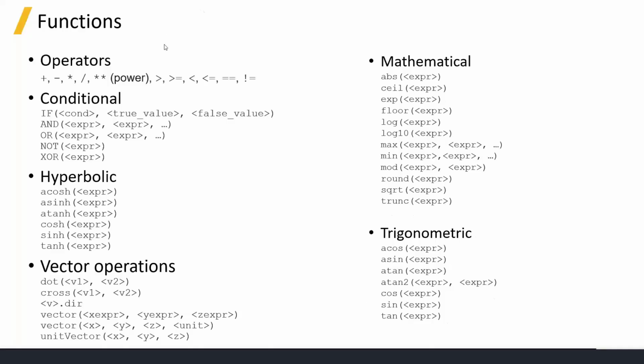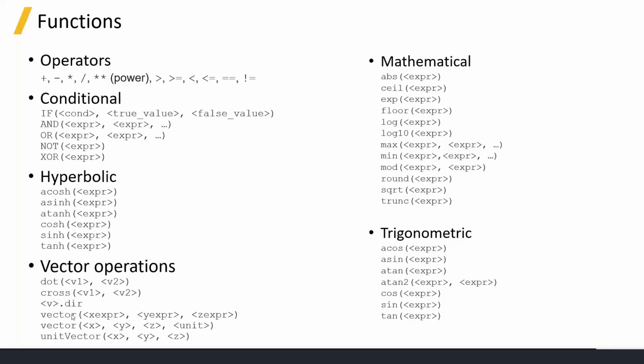So all of these so far are not particularly new, but this is the exciting one as well. We can work with vectors. So no longer when we're doing things and want to create a vector, do we have to do everything with components. Or if we've got a vector and we want its magnitude, we can directly get that. So we can do dot and cross products. We can get the direction of a vector.